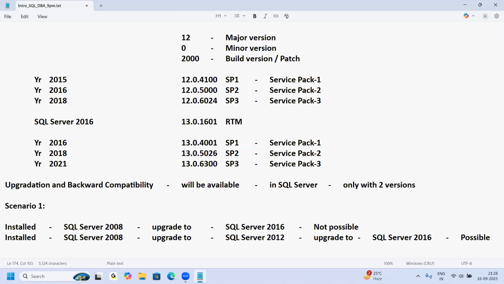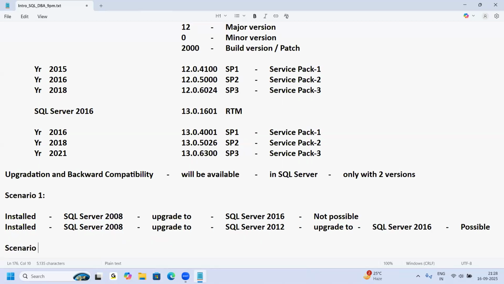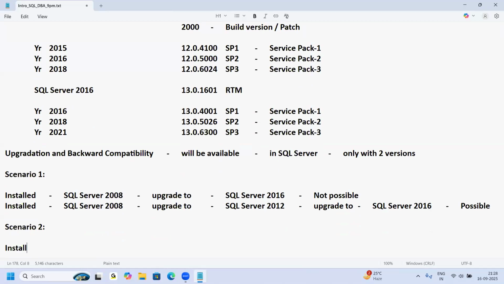Okay, another scenario we'll take. Scenario 2. Say you have installed SQL Server 2005, and you have been asked to upgrade it to SQL Server 2012.